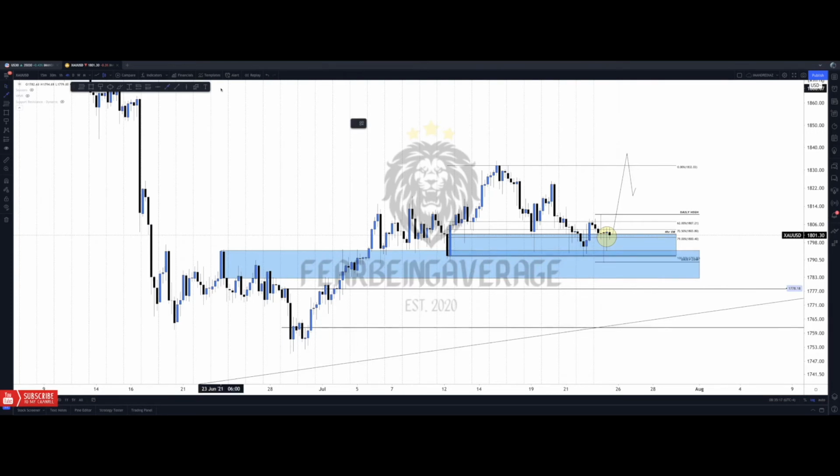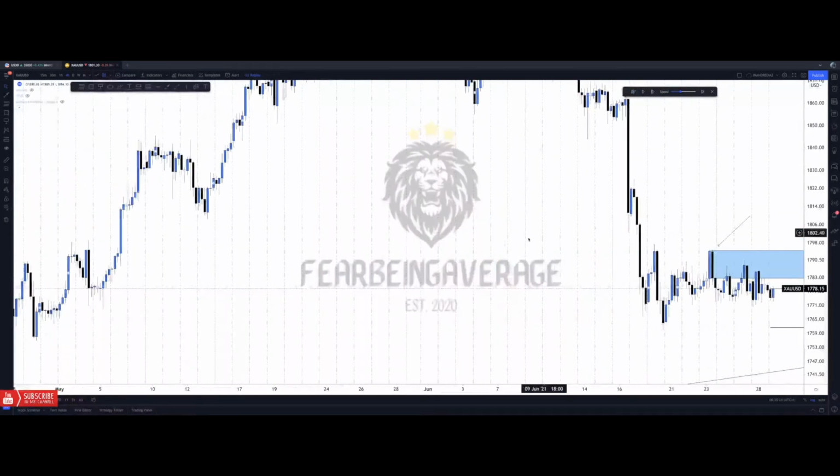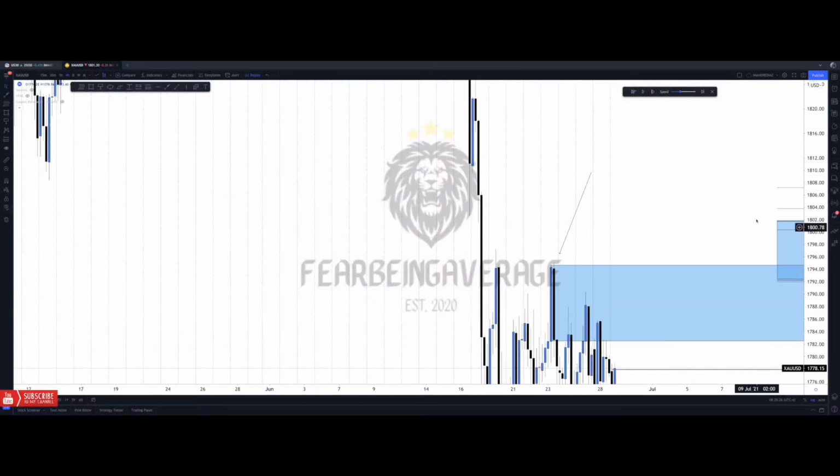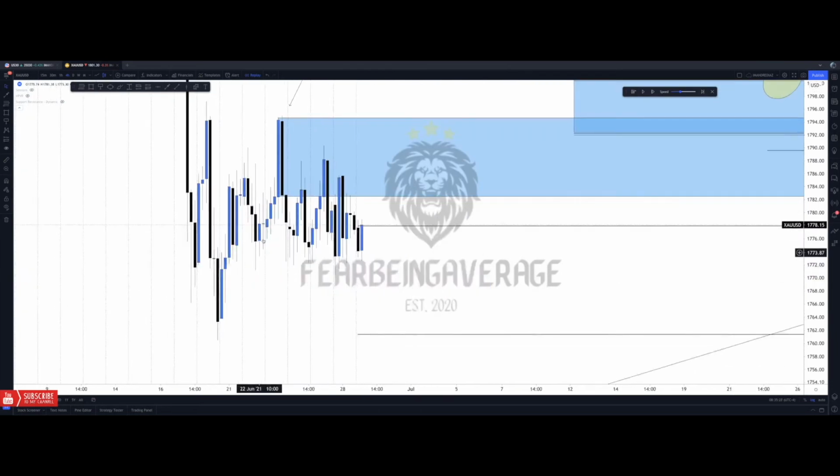So right here, this would be the order block for when price was all the way back here. Previously in the past, this was an order block, and you could have potentially been looking for sells in this area to see price go lower. And as you can see, it did work for a while, rejecting it for a little bit.